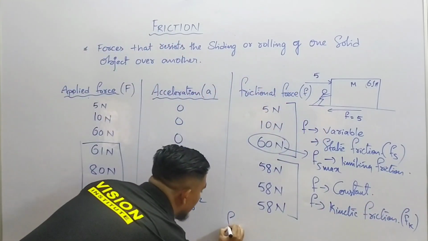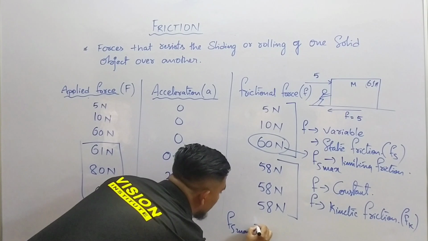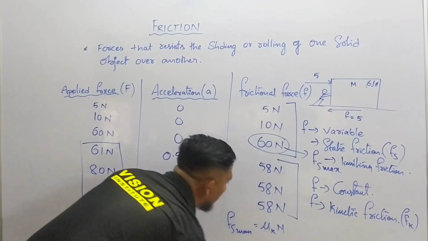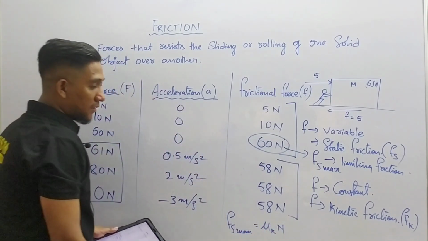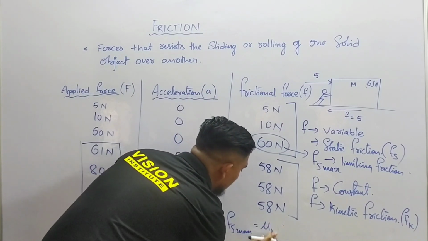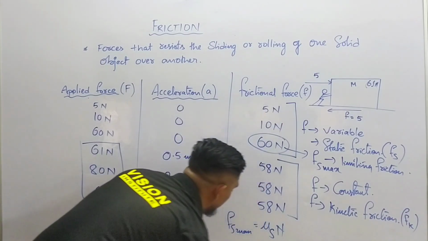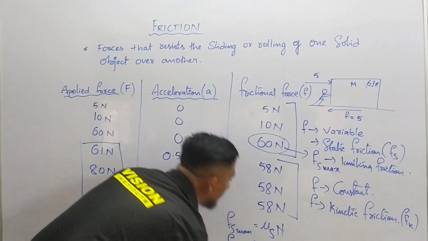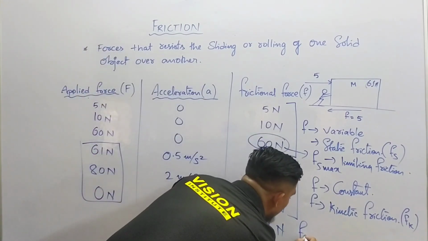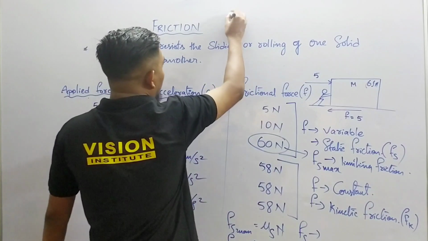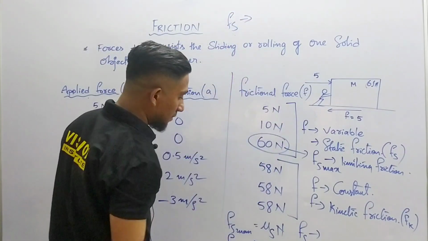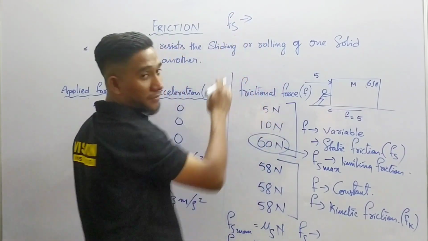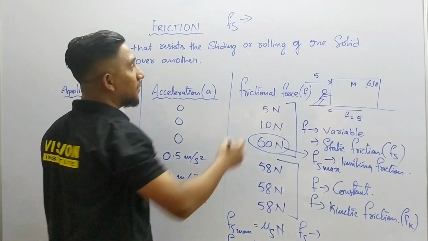The formula for Fs max is mu S n, sorry. The formula for Fk is mu K n, and Fs, that is the static friction, has no formula.